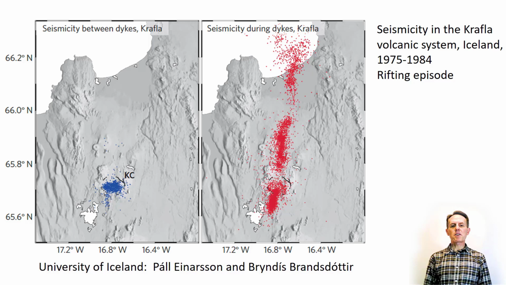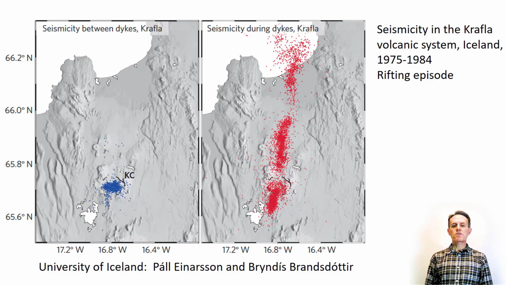The outline of the Krafla caldera is shown and marked with the letters KC on the left panel in this figure. The rifting episode was characterized by magma accumulation under the caldera, interrupted by episodic magma outflow into vertical dikes in the fissure swarm north and south of the caldera, contributing to the plate spreading in Iceland. More than 20 diking events occurred during the rifting episode.